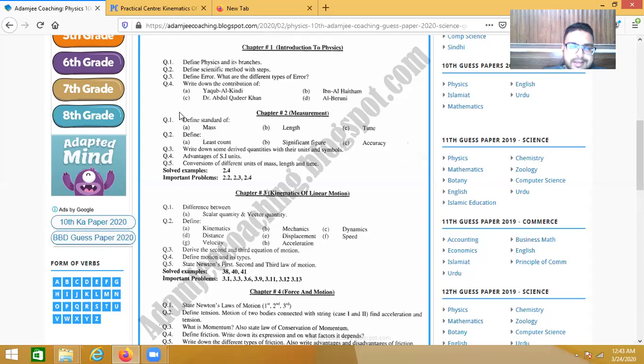Question number 3 asks to write some derived units and the base and derived units, symbols and units. So you have already memorized the tables of base quantities and derived quantities, and also you know the advantages of SI units, why we use them.